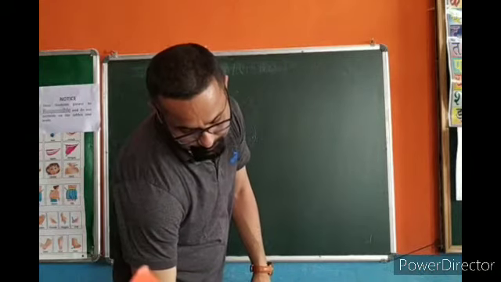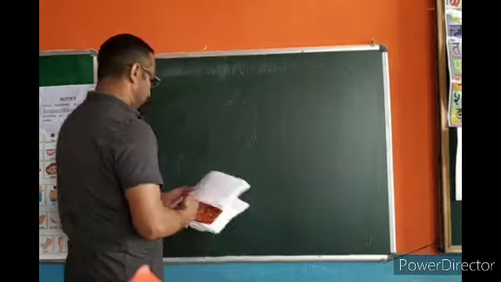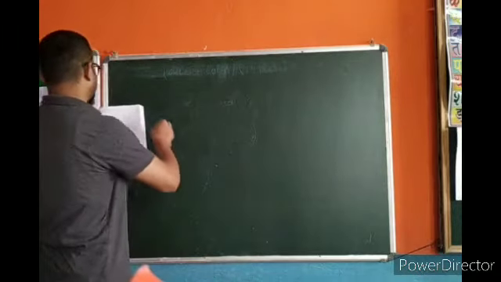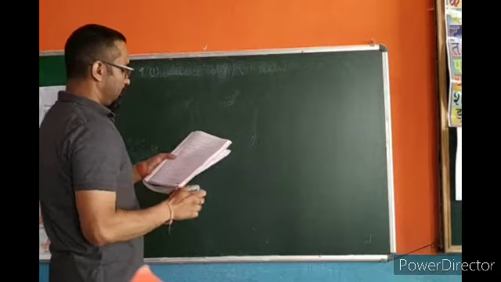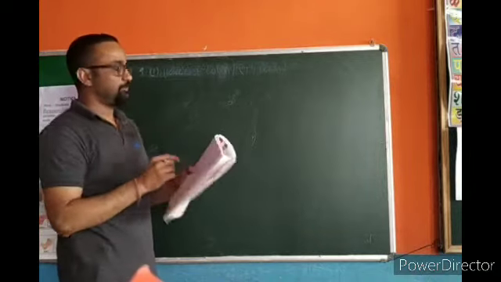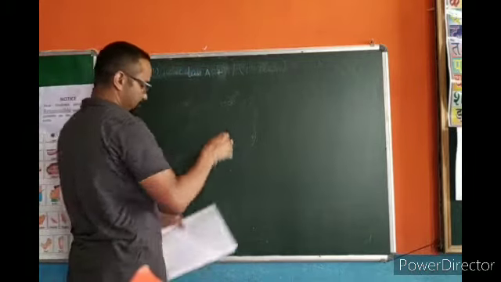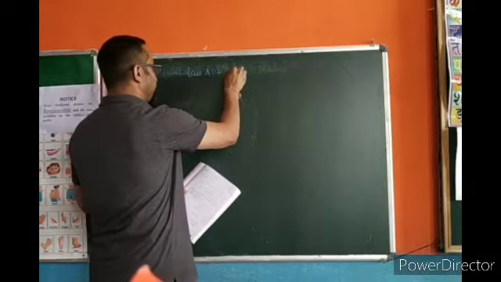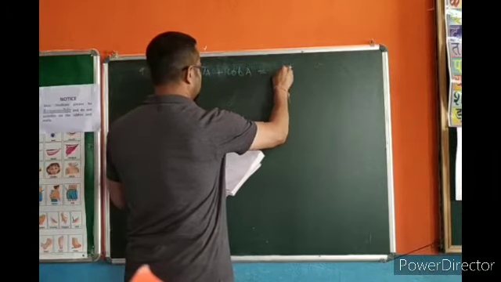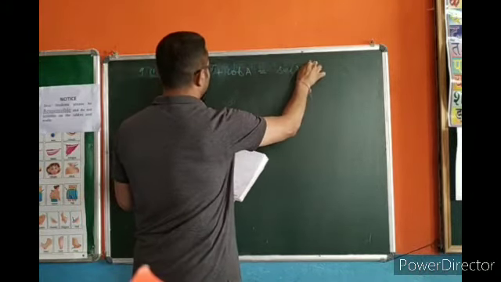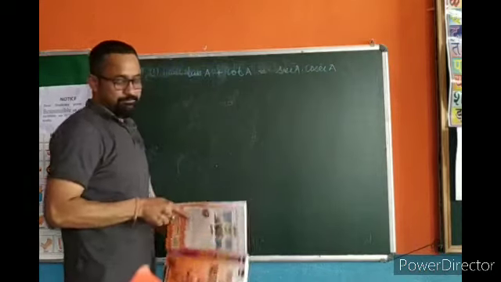Question number 9.1. It says prove tan A plus cot A equal to sec A into cosec A. Look at this one.